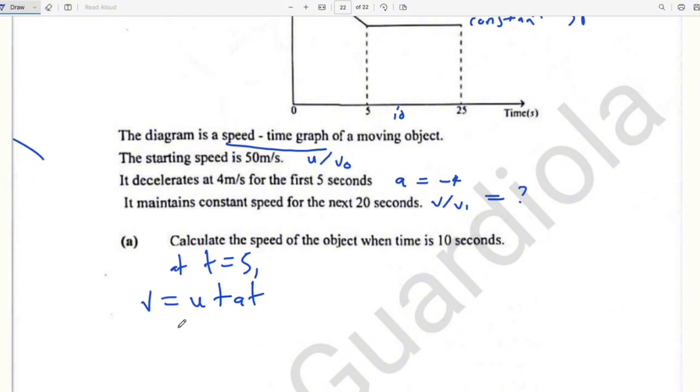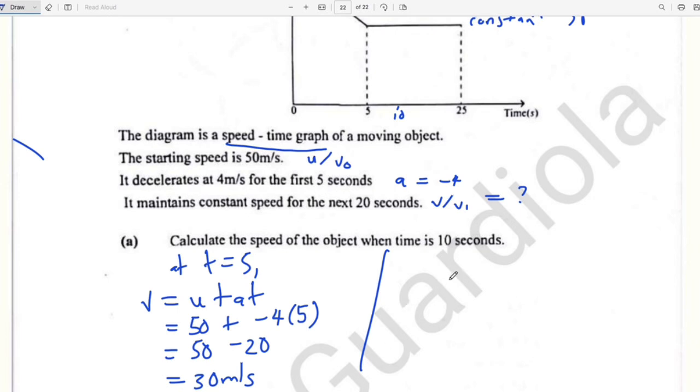So we use this equation, v is equal to u plus at, where v is the final velocity or speed, u is the initial velocity or speed, a is acceleration, and t is the time. So v is equal to 50 plus minus 4 times 5. So 50 minus 20 gives us 30 meters per second. It's very simple, right?